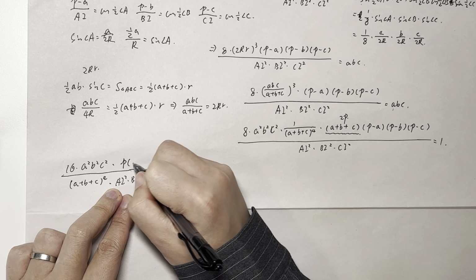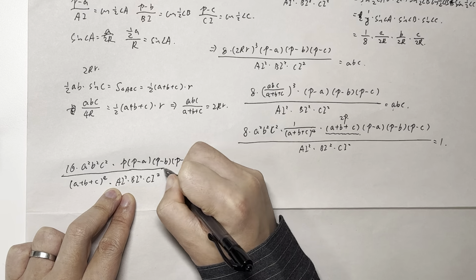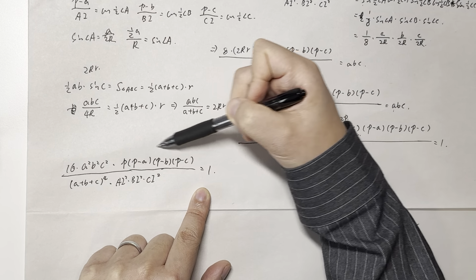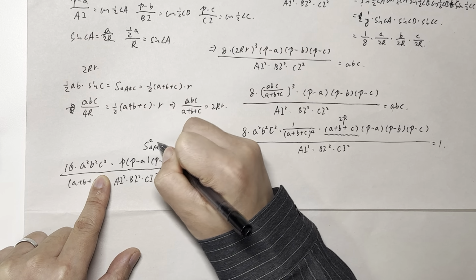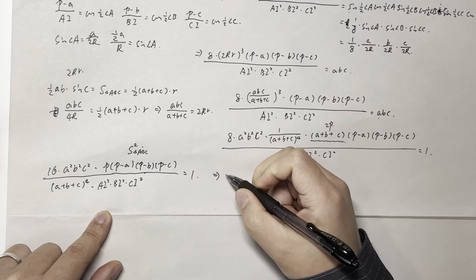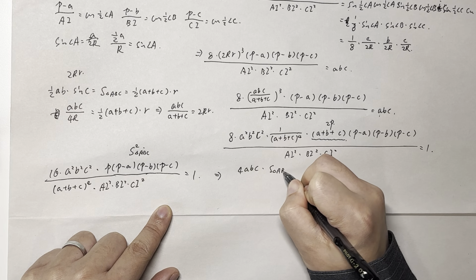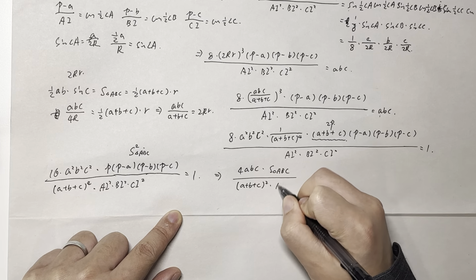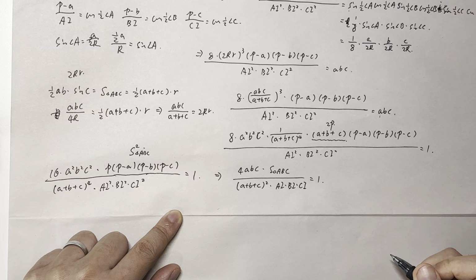So P times (P minus A)(P minus B)(P minus C) equals 1, right? And we know this one is area squared, right? So we got 4ABC times area, over (A plus B plus C) squared times AI times BI times CI equals 1, right?